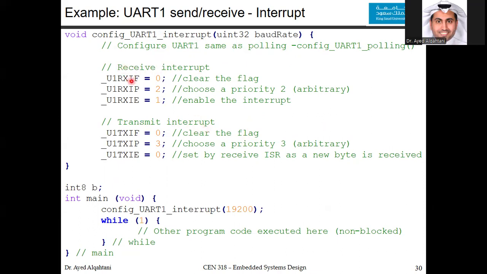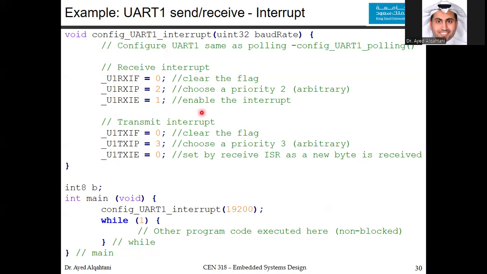And remember the three brothers that we talked about for the interrupt: the flag, the priority, and the enable. The flag, we make sure it's 0. The priority is more than 0. Here we choose 2. In the receiver, we choose 3. So now the transmitter priority is higher than the receiver priority.